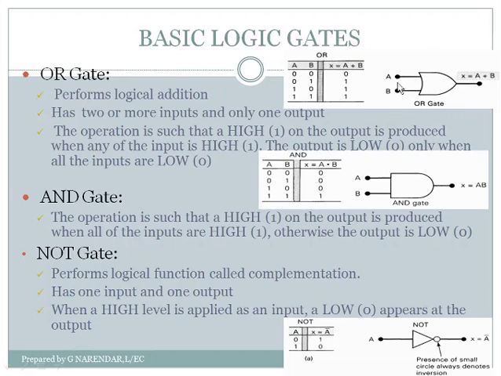The input variables are named A and B, and the output variable is named X. Since this logic gate performs logical addition, the output X is equal to A OR B, the OR operation between the two input variables A and B. So X equals A OR B. The output is the OR operation between the inputs.